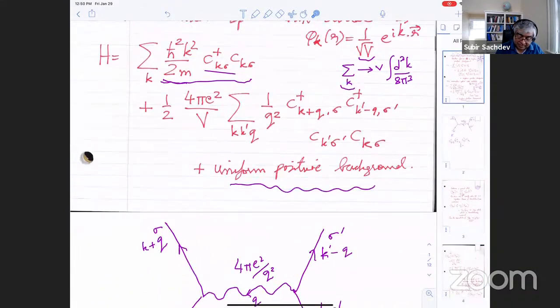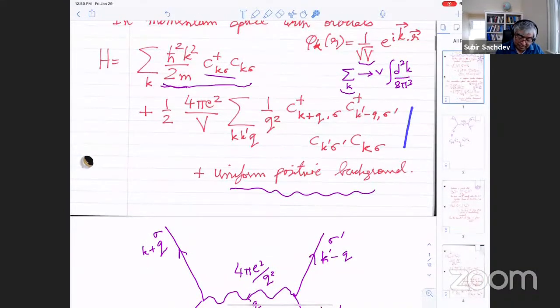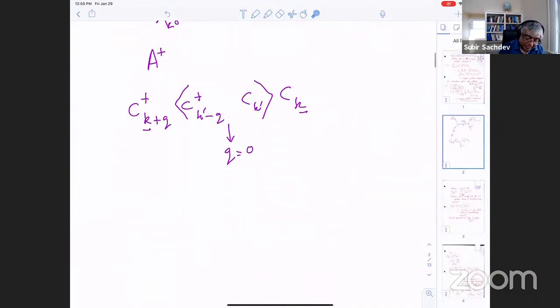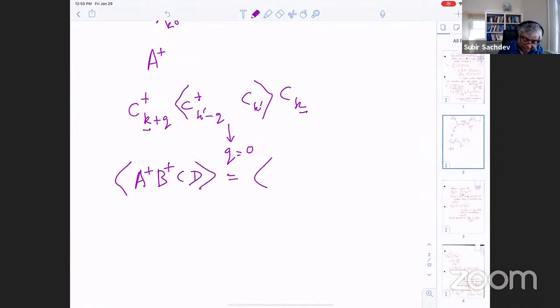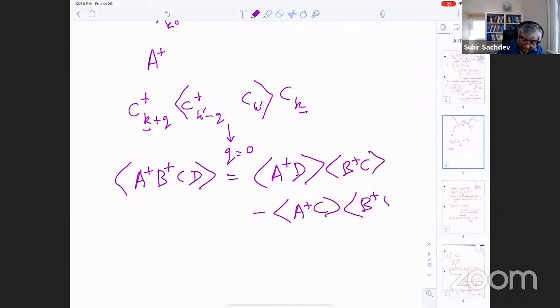And remember, now all we're doing is applying our rule. The expectation value of A dagger B dagger C D is just the expectation value of A dagger D times B dagger C minus the expectation value of A dagger C times B dagger D. So we're just applying that rule.